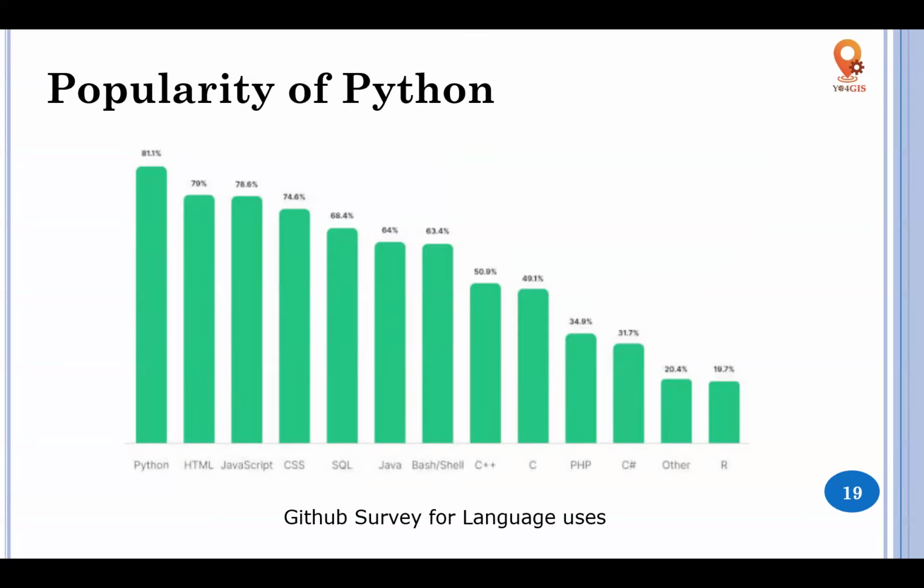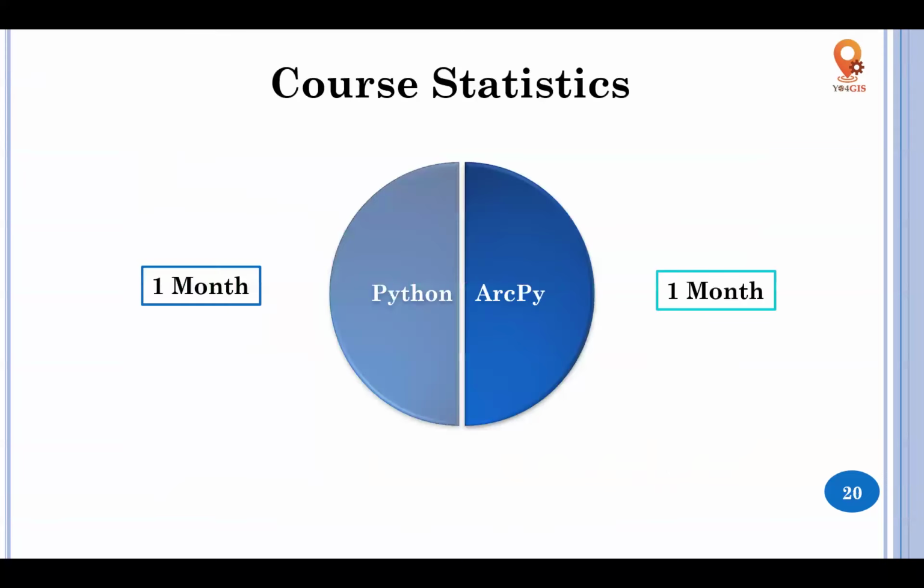The popularity of Python, everyone knows. Python is a very popular language, and you will get n number of resources in Python. The course statistics: what is the course statistics? Approximately the course duration is 2 months. Not exactly 2 months, the course will be around 2.5 months.